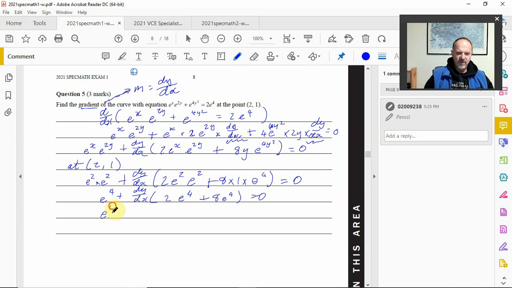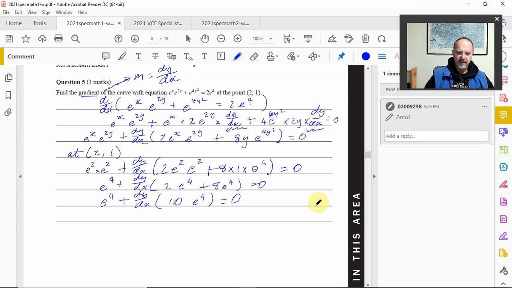So we've got e to the 4 plus dy/dx, then in this bracket we've got 10 lots of e to the 4, equals 0. Now we're going to have to rearrange from here because we're asked for the gradient, which is dy/dx, and it's going to be a lot easier to rearrange with these terms than it was with all of that stuff up there.